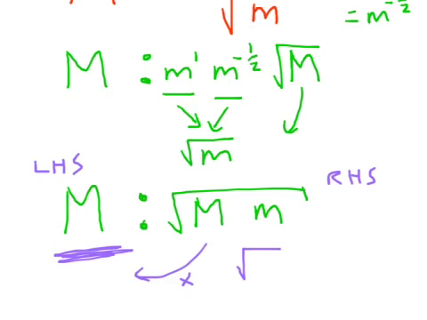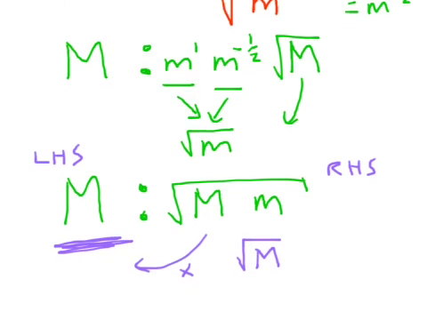So we've got to multiply by square root of m, and we also want to get rid of this other square root of small m. Forgive me please for forgetting to say whether I'm talking about a small m or a large m, but hopefully the notation's clear. So we want to get rid of the square root of small m up the top, so we have to divide by the square root of small m.